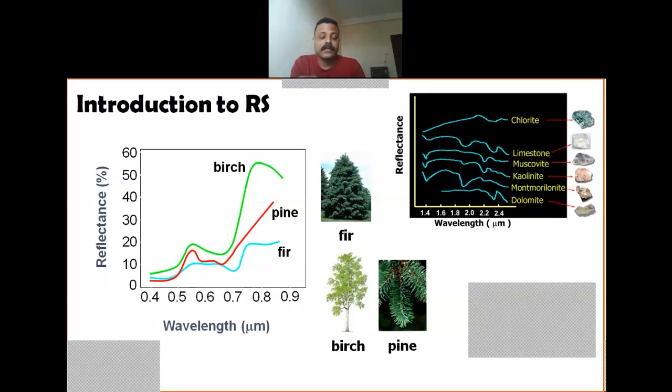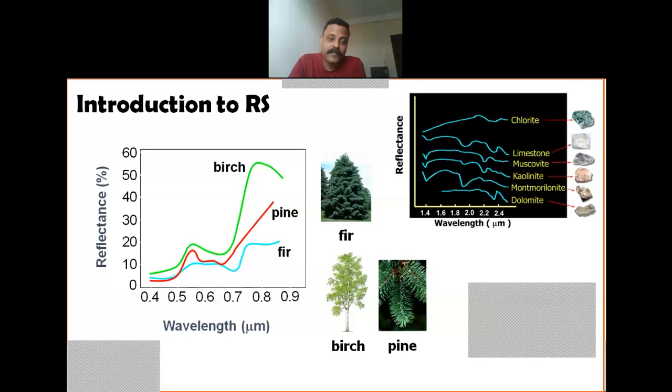But again, when you look minutely into these three different kinds of graphs, you will see that depending on the kind of trees, there is a slight variation in the response of the reflectance. So that helps to distinguish one tree from the other.